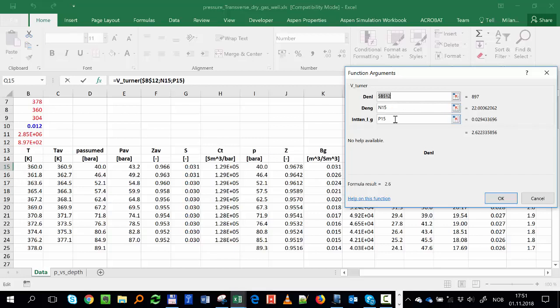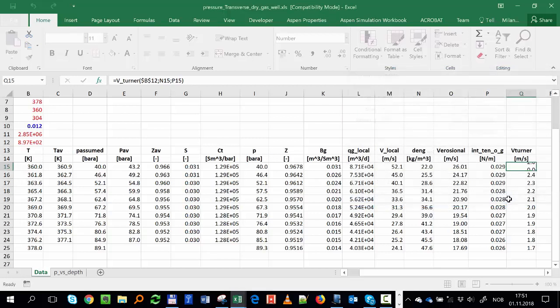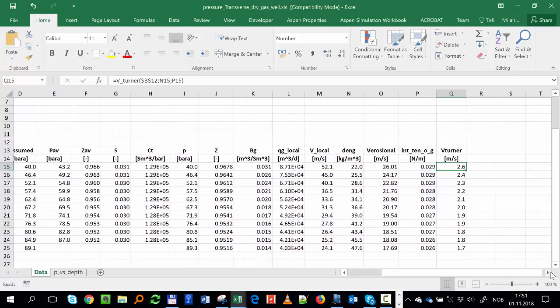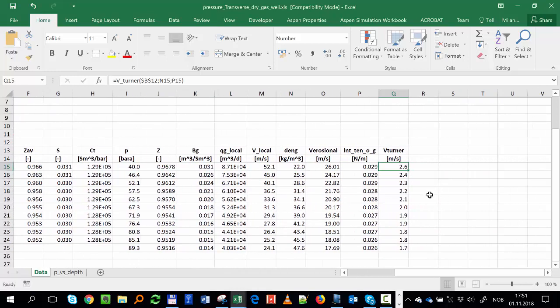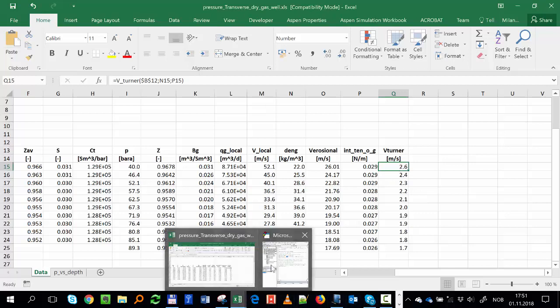Density of the gas, interfacial tension. Yeah, we are getting this number. It's very small, but seems to be correct.